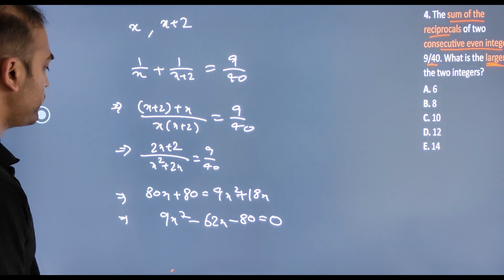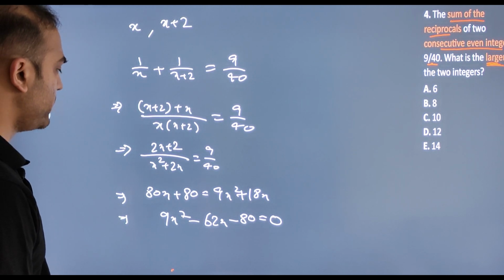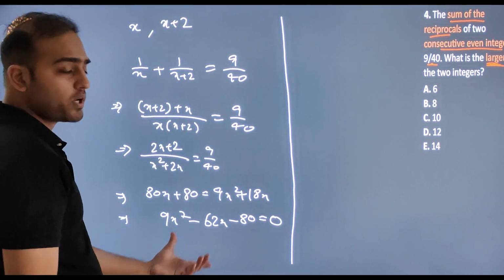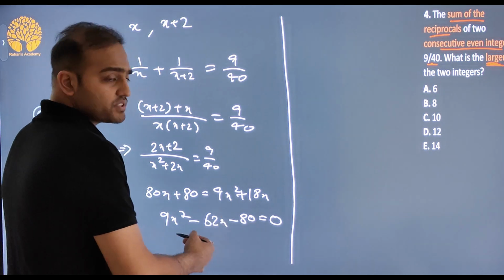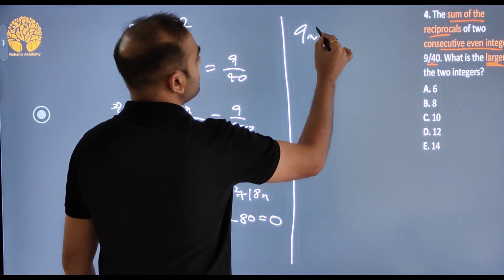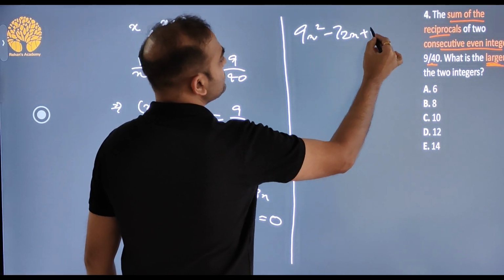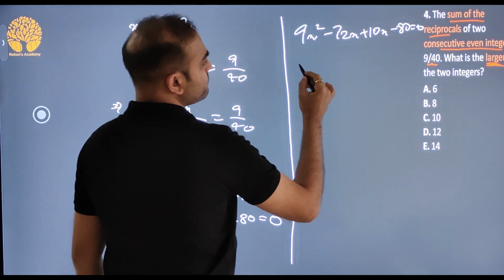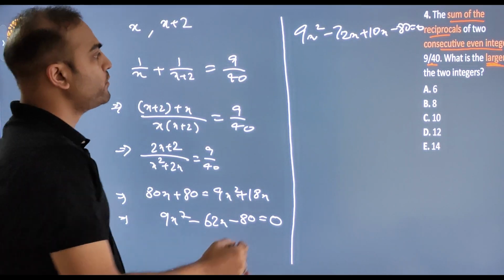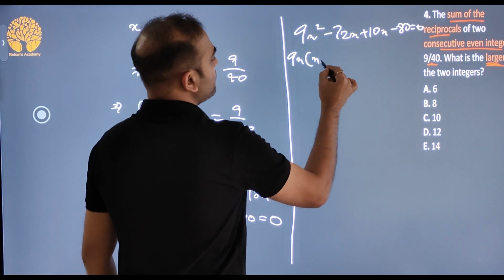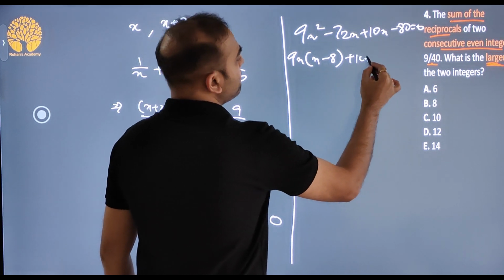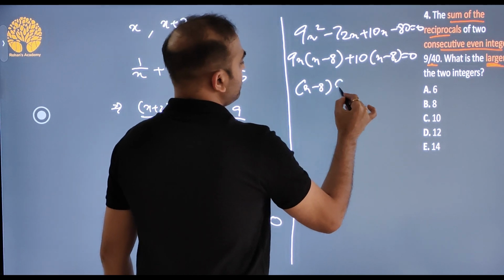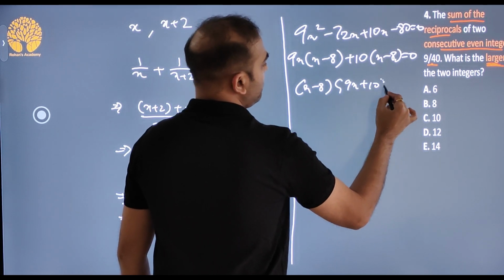Now if you know quadratic equations, the product of first and last is 720. So I'll break it as 9x square minus 72x plus 10x minus 80 is 0, because 72 times 10 becomes 720. Take 9x common, x minus 8, plus 10 common, x minus 8, so x minus 8 times 9x plus 10 is 0.